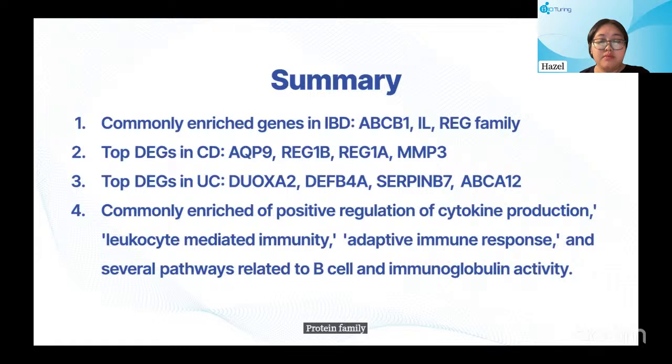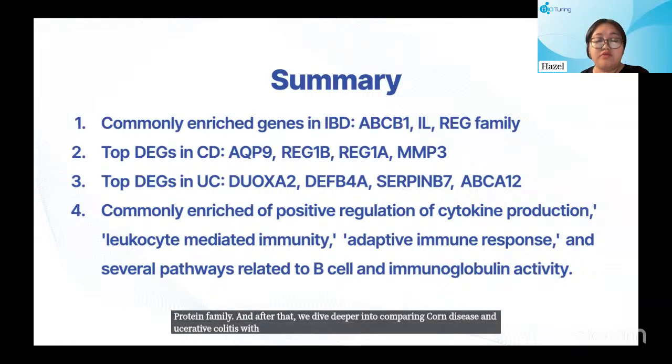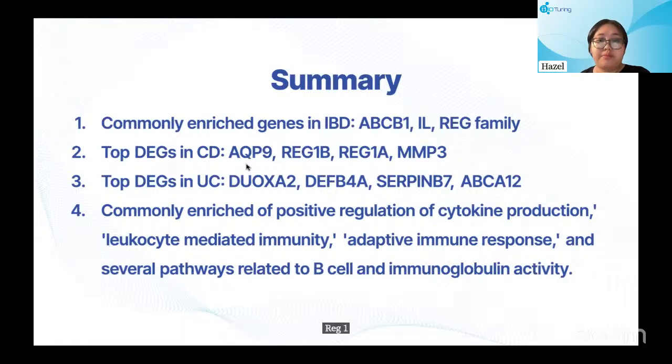After that, we dove deeper into comparing Crohn's disease and ulcerative colitis with normal control individually, and we found the top differentially expressed genes in each condition. As you can see here, for Crohn's disease we got aquaporin 9, REC1 beta, REC1 alpha, and MMP3.